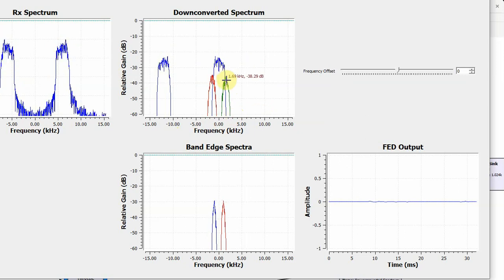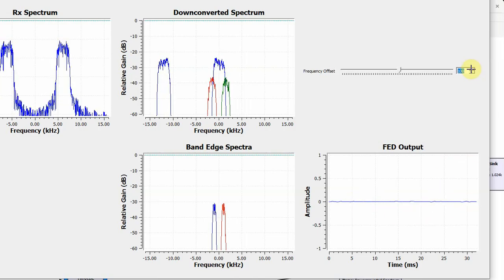The two spectra of the negative and positive band edge filters are plotted here so that when this spectrum slides, we can see the effect as well. The frequency error detector output is 0.